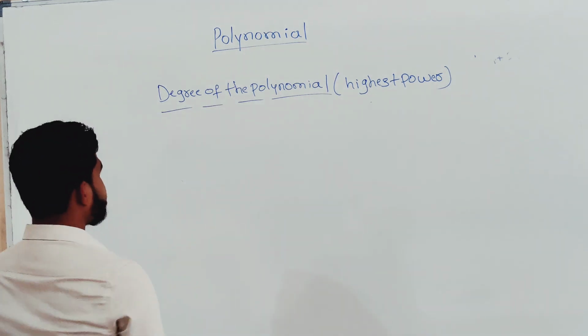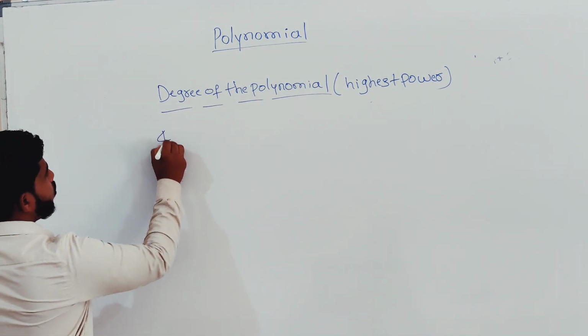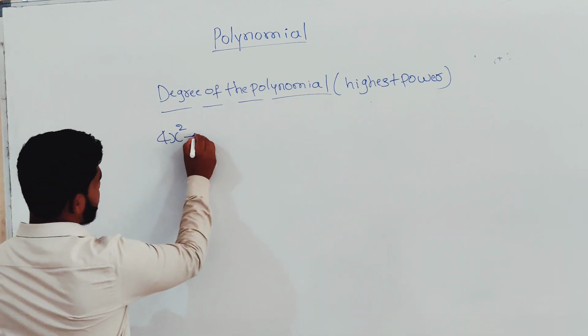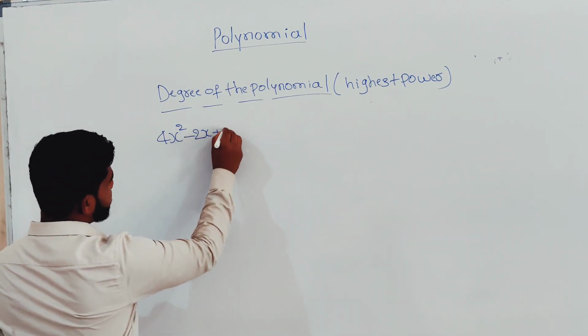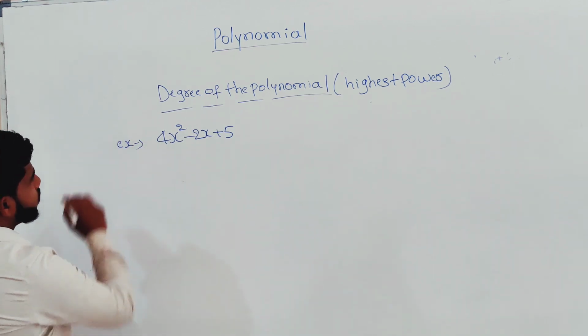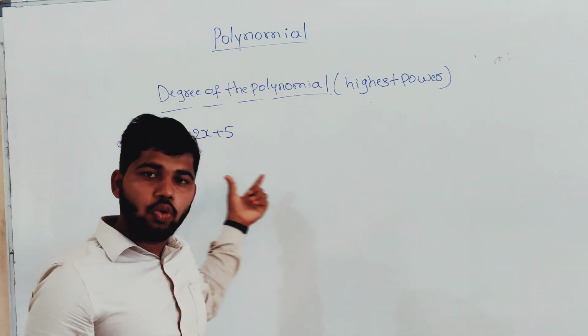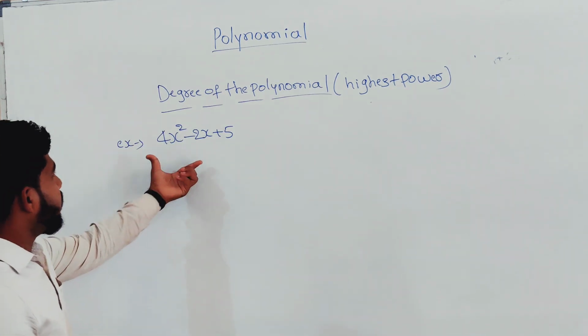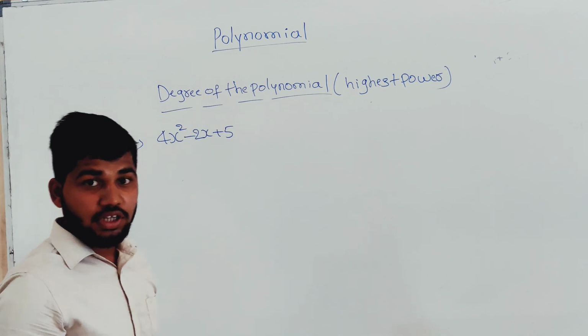Take one example: 4x squared minus 2x plus 5. They ask what is the degree of the polynomial?